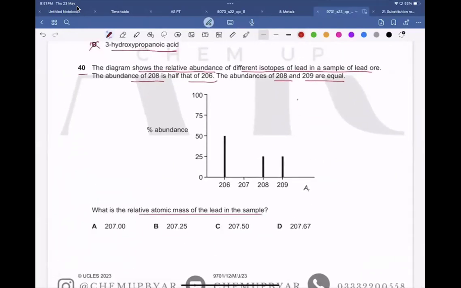So we know the formula of the atomic mass. If you see, it's 50 and they are 25 and 25, right? So 50 times 206 plus 25 times 208 plus 25 times 209, divided by 100. Can anyone calculate it and tell me the answer?